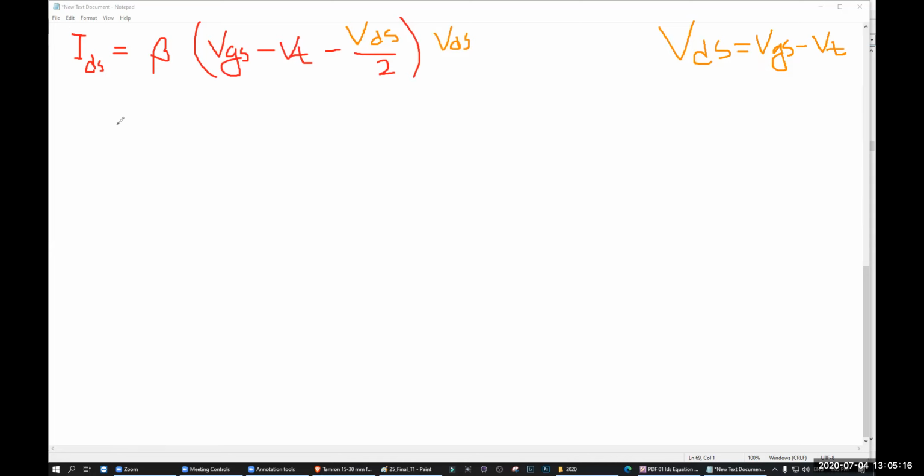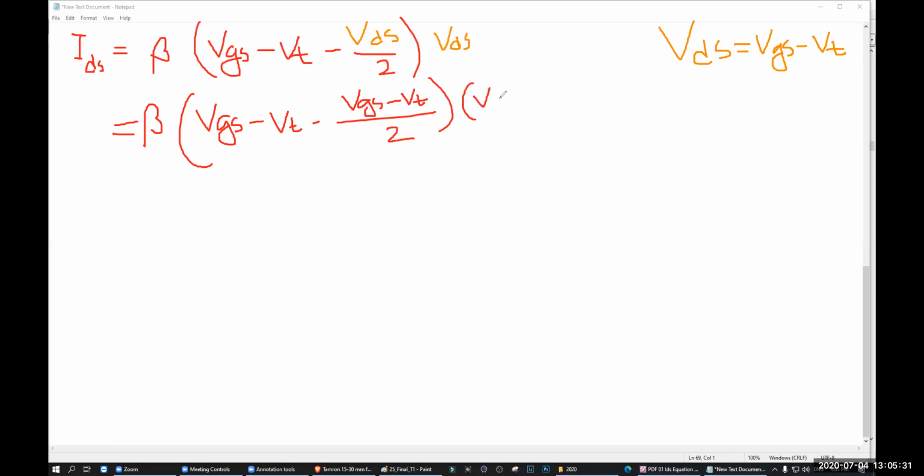Let's write beta, VGS minus VT minus VGS minus VT by 2. Understood what we have done here?